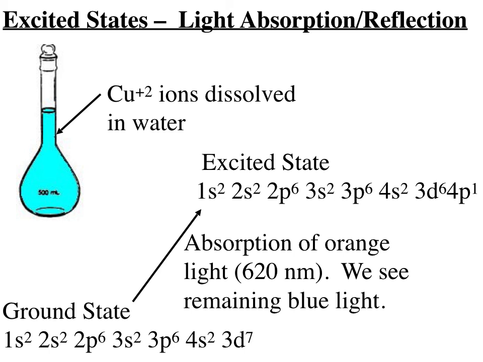So as long as the orange light stimulates this process, light reflected from the bottle will be the complement to the orange light that's being absorbed. So blue light is reflected off of the solution to your eyes as the orange light is absorbed, keeping the electron stimulated into this particular excited state for the copper +2 cation.